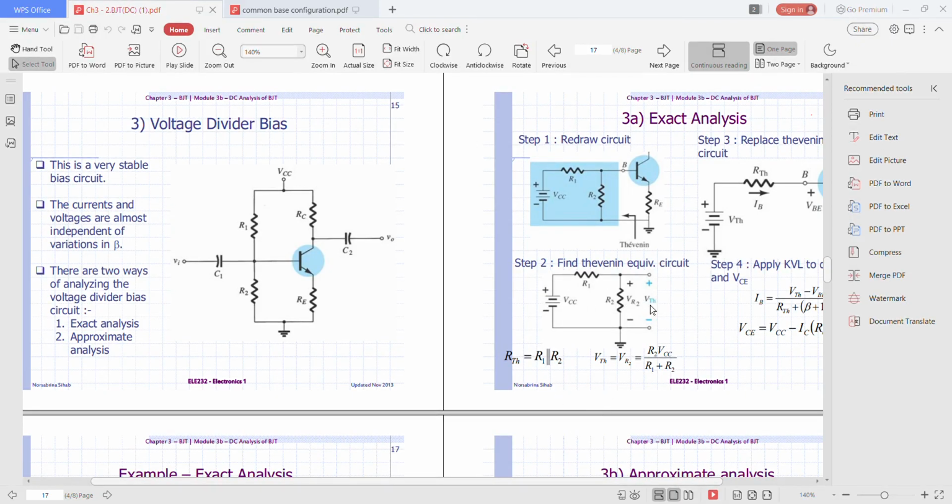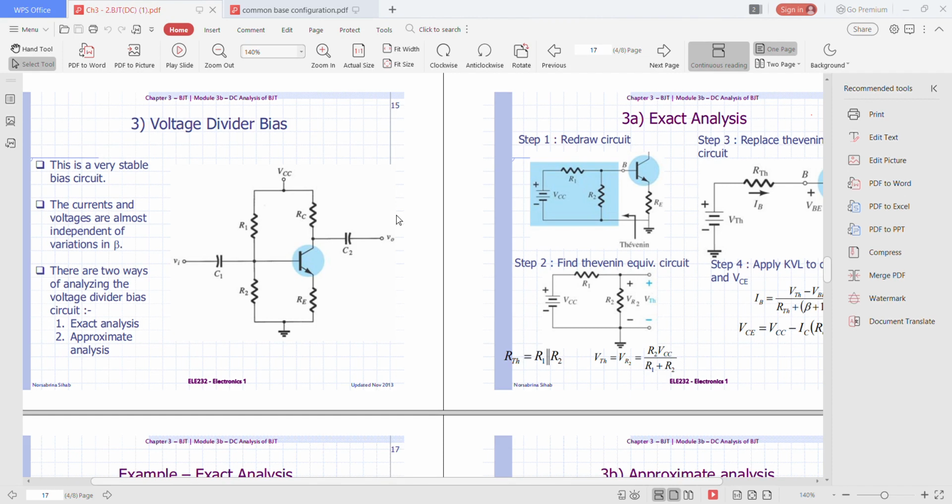Before we go on to the two types of analysis, as noted earlier, there are two methods that can be applied to analyze the voltage divider configuration. The reason for the choice of names for this configuration will be obvious in the analysis to follow.